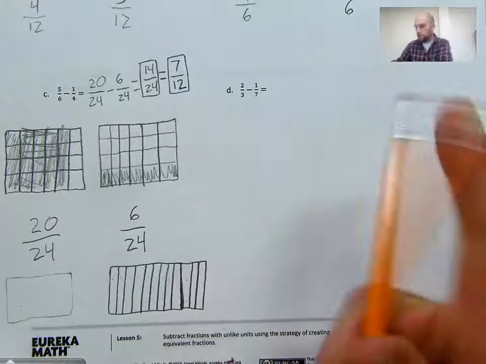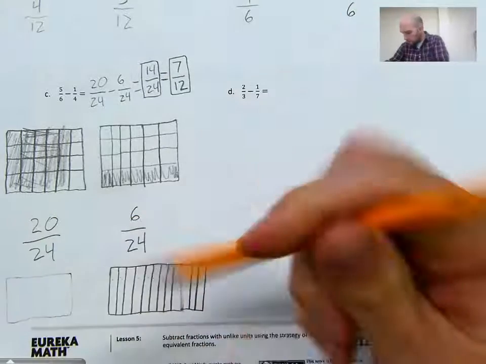Okay, so now I have 12 pieces here altogether. Make that one a little bit neater.